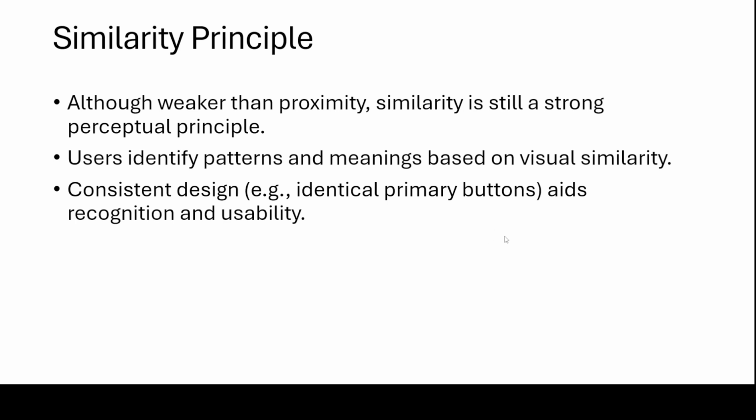So in the similarity principle, although it is weaker than proximity, similarity is still a strong perceptual principle where the user can identify patterns and meanings based on the visual similarity. Okay, we can also have persistent design such as an identical primary button, which aids recognition and usability.